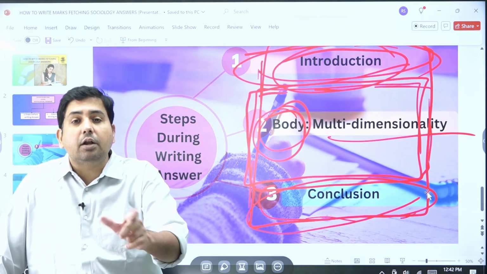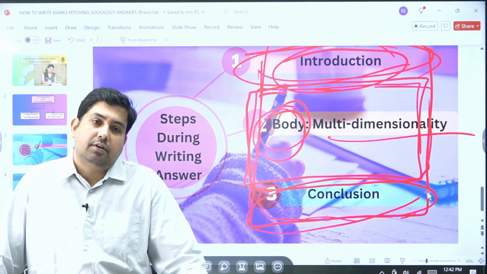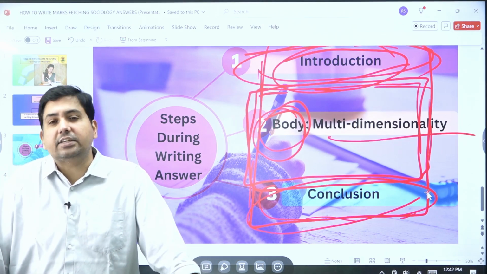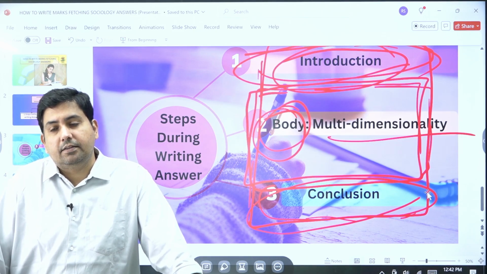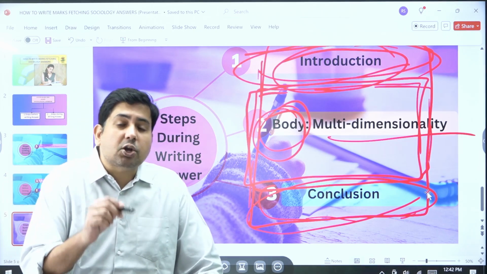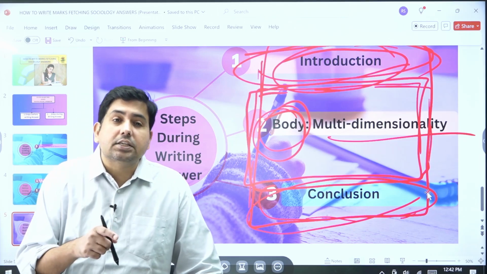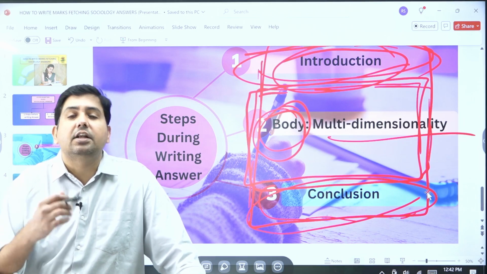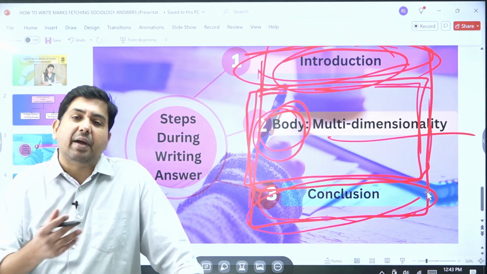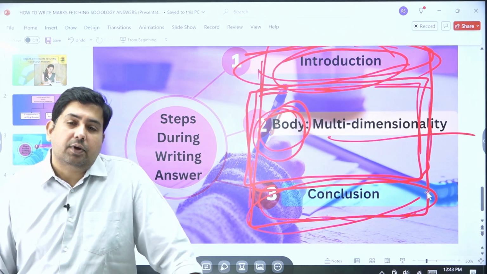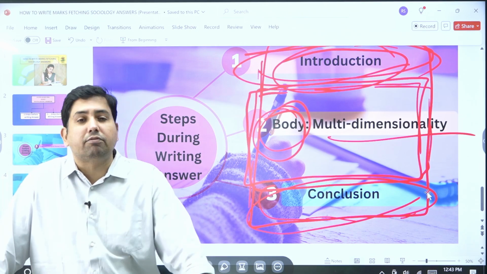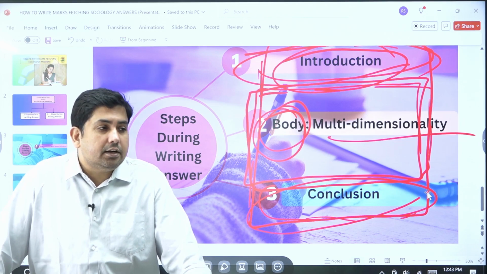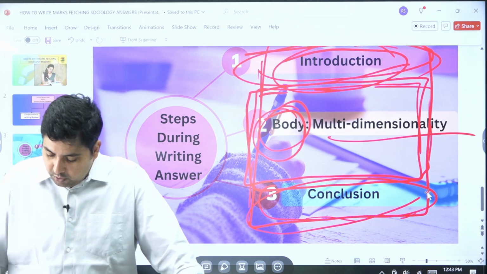Link this to Karl Marx's alienation concept, or Max Weber's rationalization leading to the iron cage. Or if you are talking about the changing nature of professions, you can discuss the impact of artificial intelligence on traditional professions like law and medicine, and perhaps link to Durkheim's division of labor theory also. Clear? Such things you are expected to do.